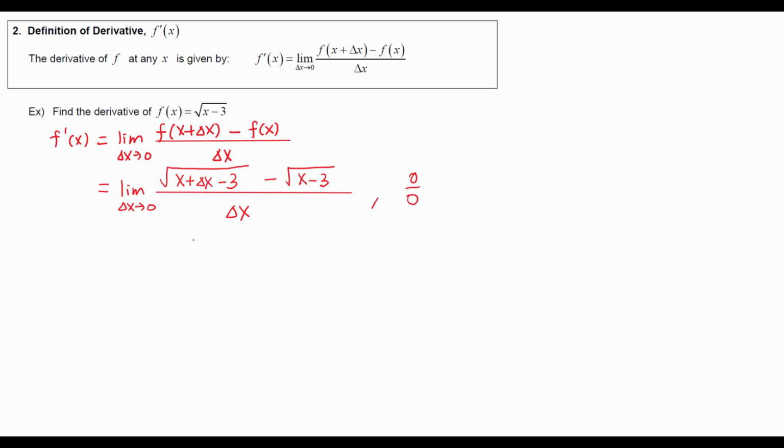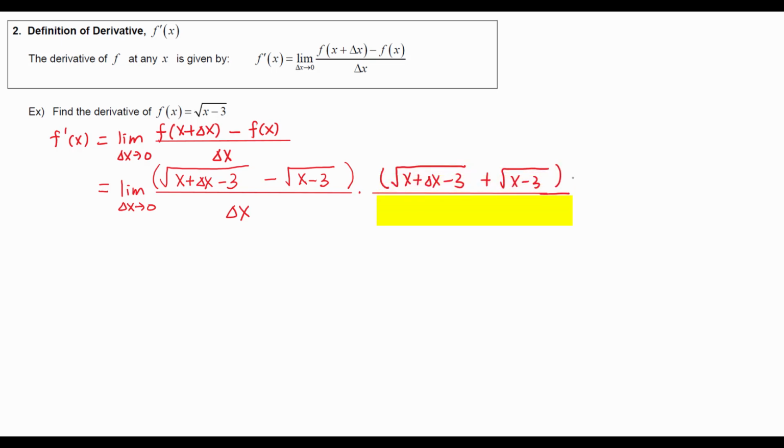So I need to use the special technique that we learned in chapter 1, which is to multiply by a quantity 1 that has a conjugate of a radical expression. The conjugate of the square root of x plus delta x minus 3 minus the square root of x minus 3 is the square root of x plus delta x minus 3 plus the square root of x minus 3.